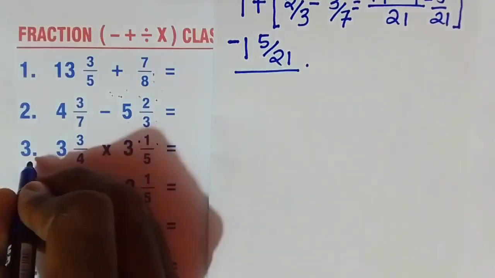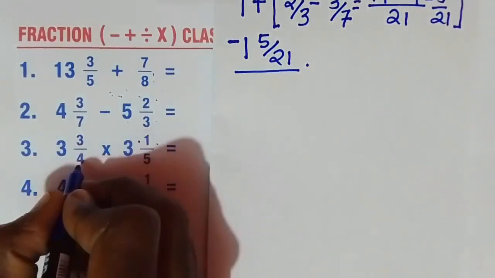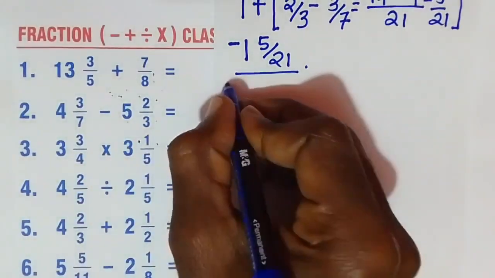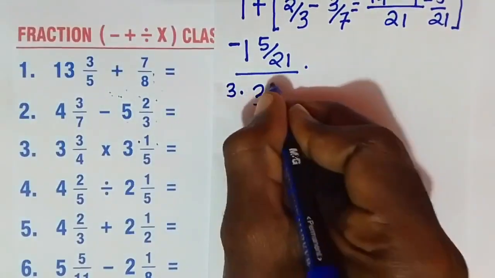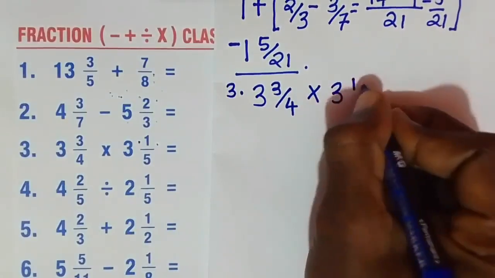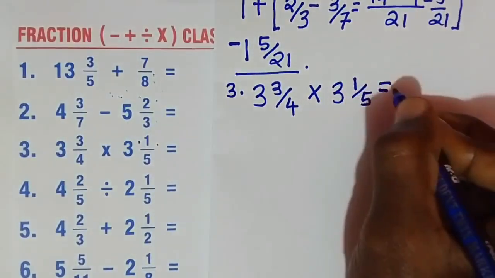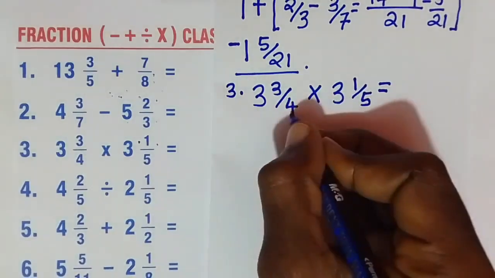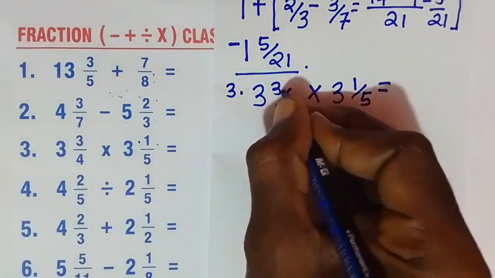Question number 3. We have 3 3 over 4 multiplied by 3 1 over 5. First of all, let us change our mixed number into improper. That is 4 times 3, 12 plus 3.